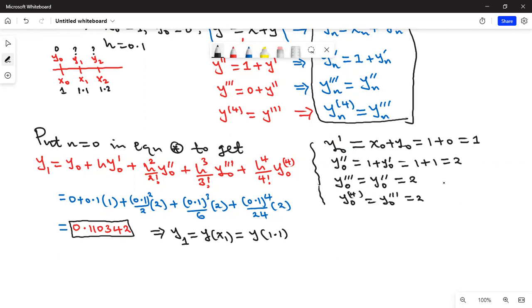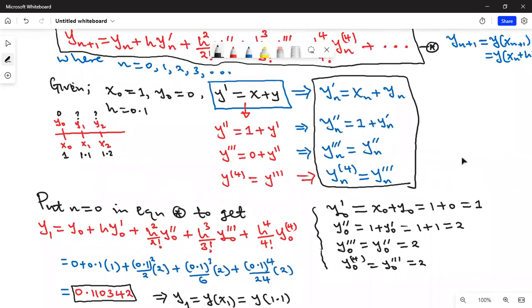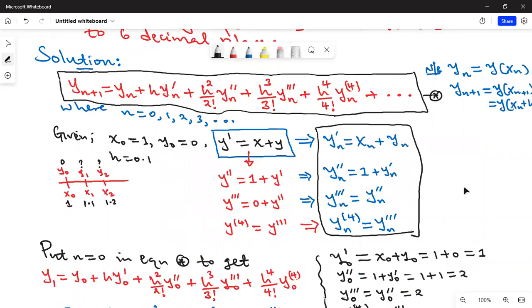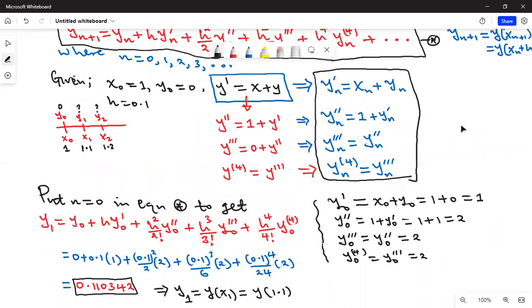Now we need to find y2. If I need y2, what I'm going to do is to substitute n is equals to 1 in equation star.